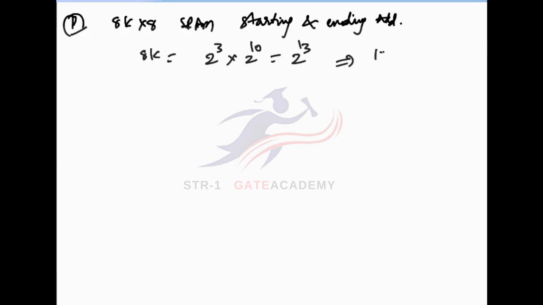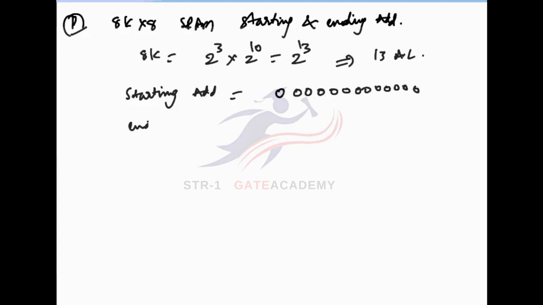So it requires 13 address lines. Using 13 address lines, the starting address is always 0. So 13 zeros I am writing. Ending address in binary should be all ones, so I am writing all ones.